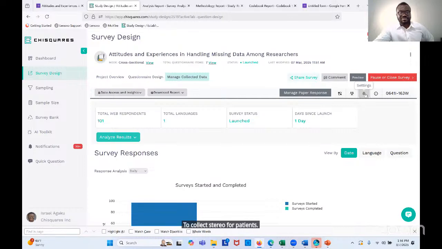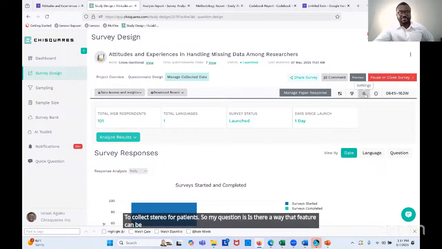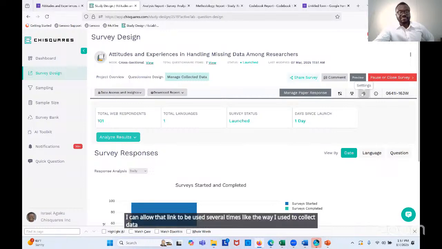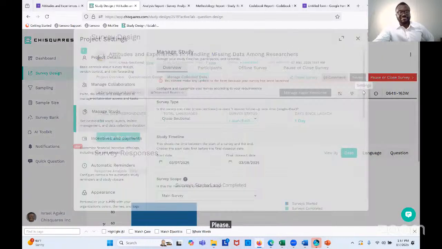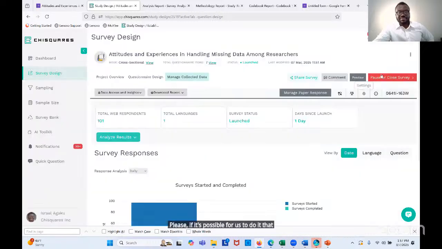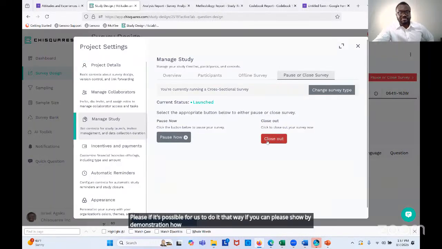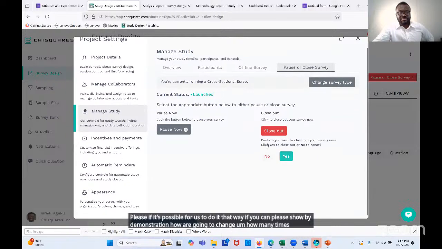So my question is, is there a way that feature can be adjusted by the user of the platform? Like, yes, I can allow that link to be used several times, the way I used to collect data previously. Yes, there is. Please, if it's possible for us to do it that way, if you can show by demonstration how I can change how many times a link can be used, I'll be very grateful.